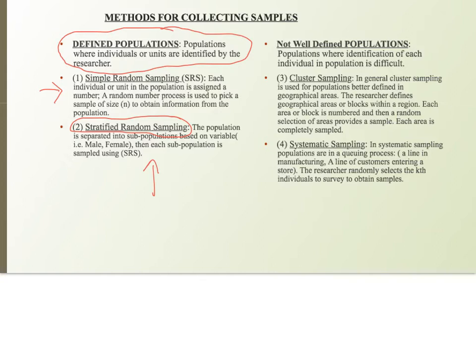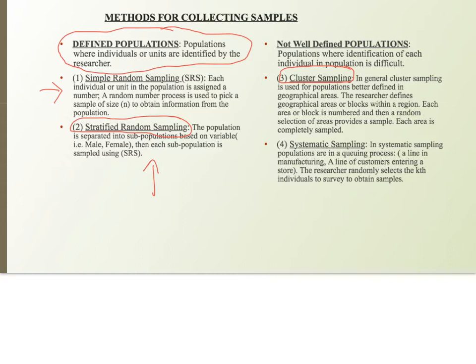You don't know all of the animals that are within a certain area, for example. You don't know how many of those individual animals exist in a certain area. So in that case, a field biologist would use something called cluster sampling.